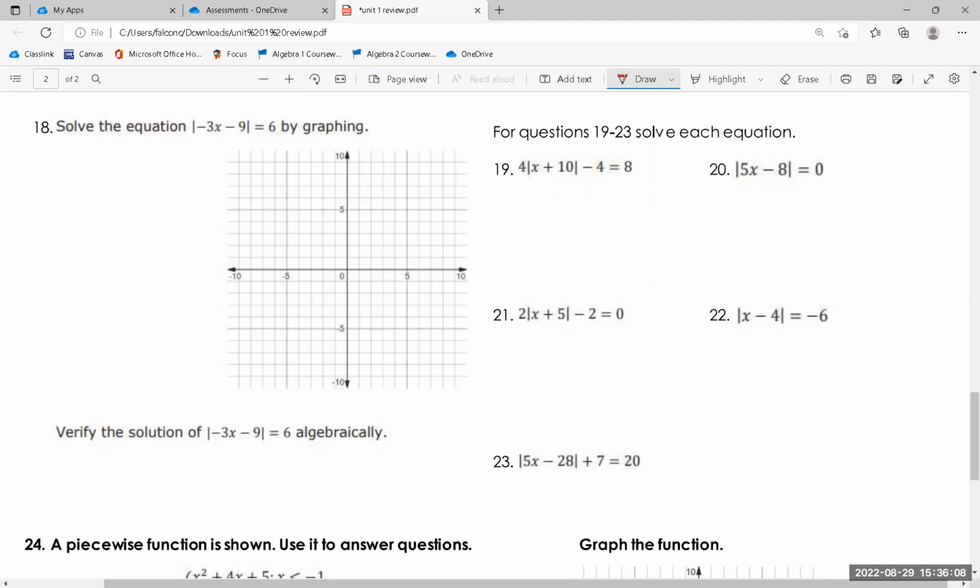So I'm going to just make a t-table. Sorry, give me one second. Okay, so this is equal to 6. So we know that we're going to have this horizontal line at 6, because they give us this y equals 6 line.